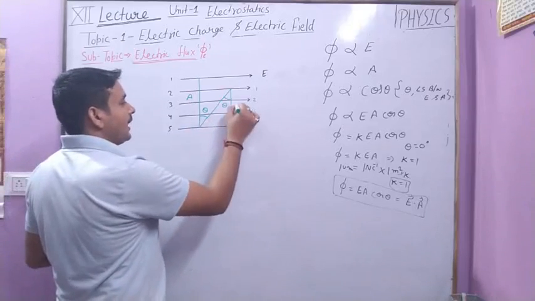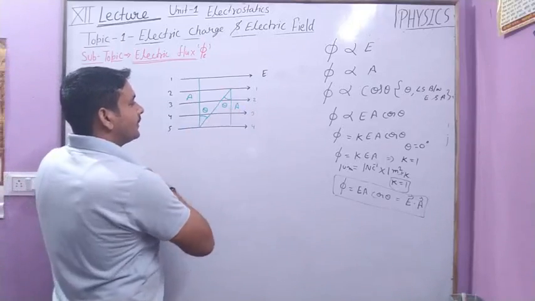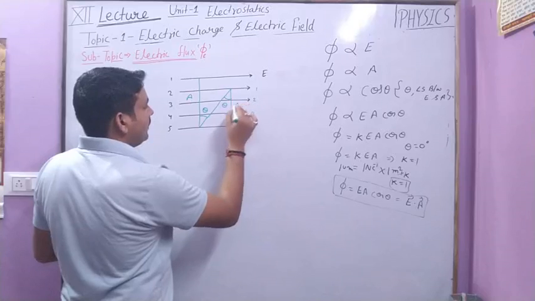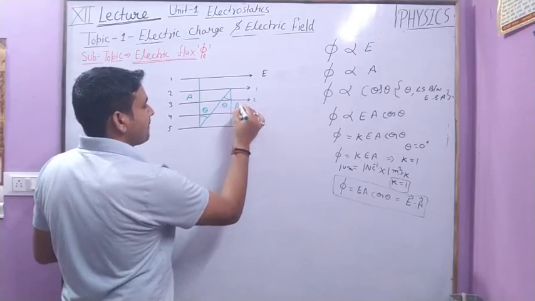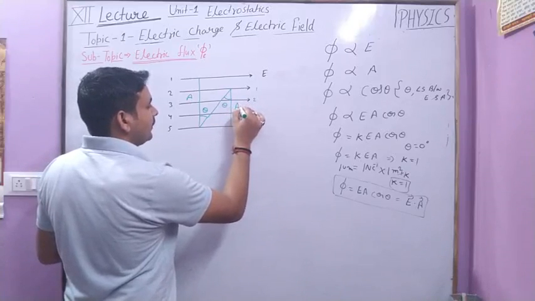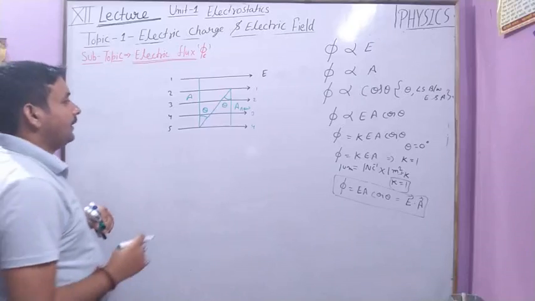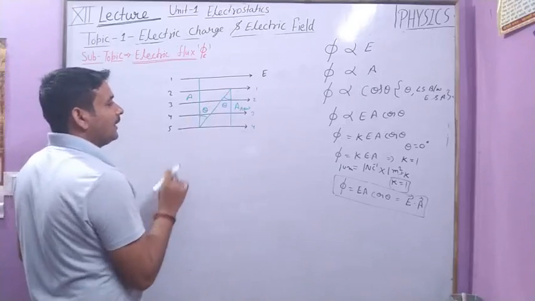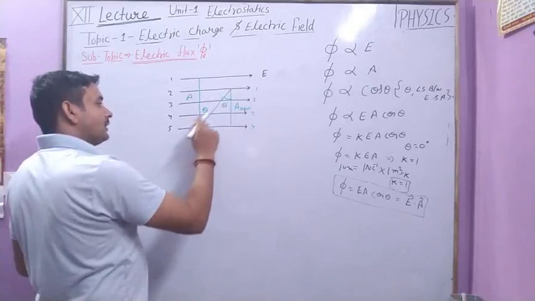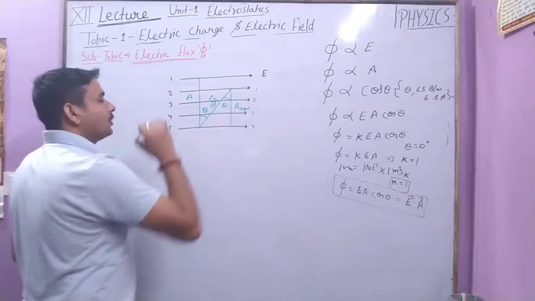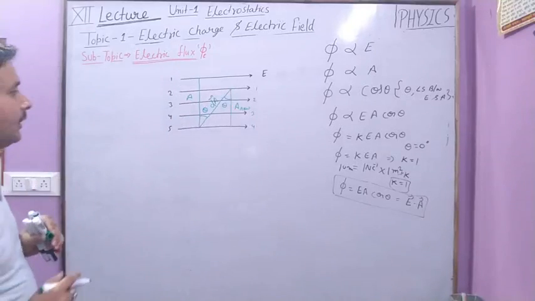This is the new surface, and this is the area vector for this situation.